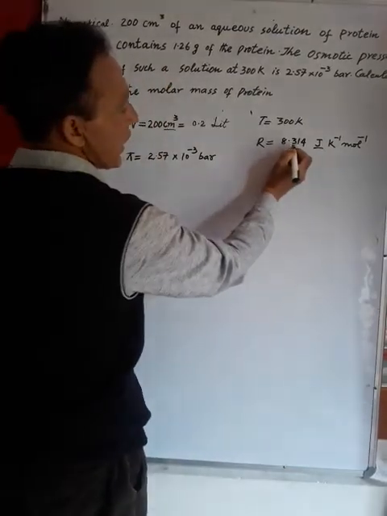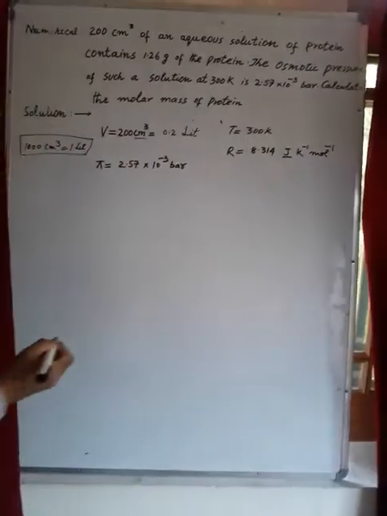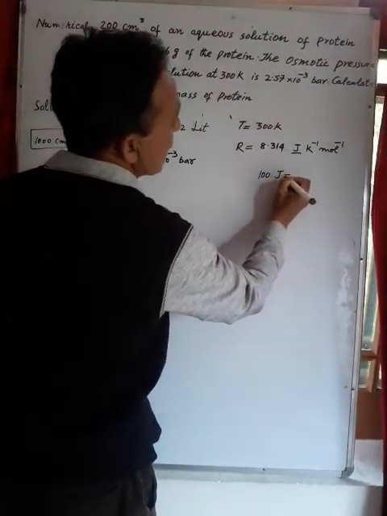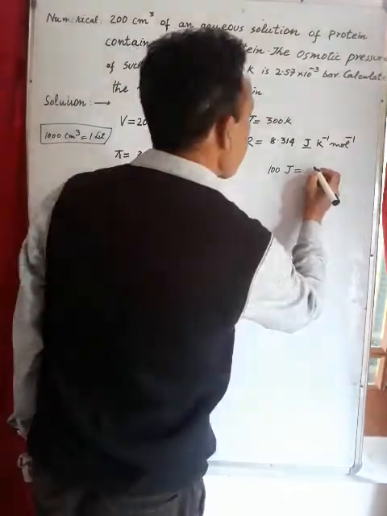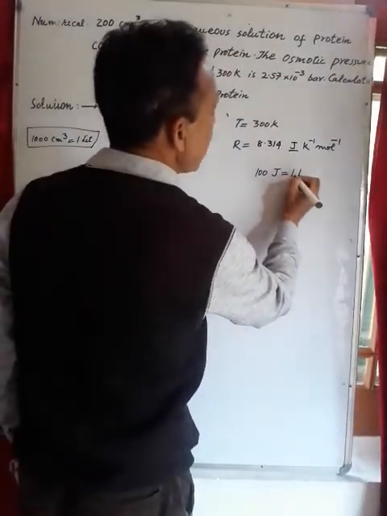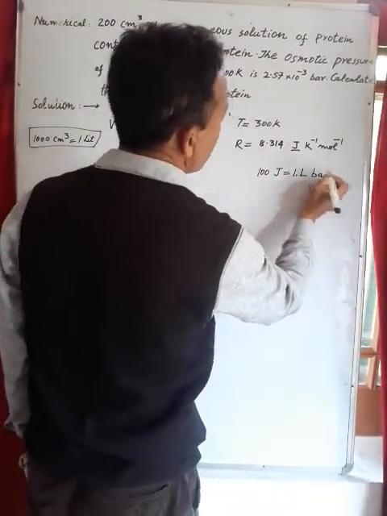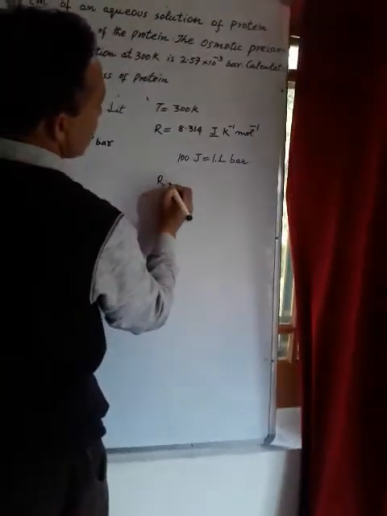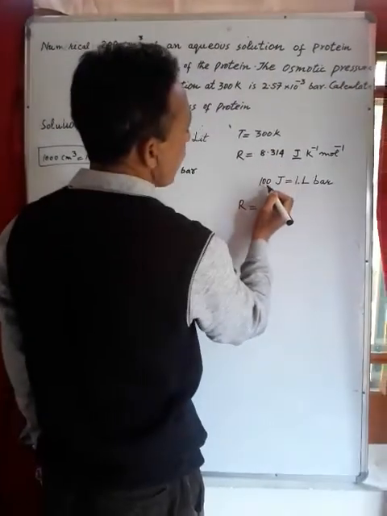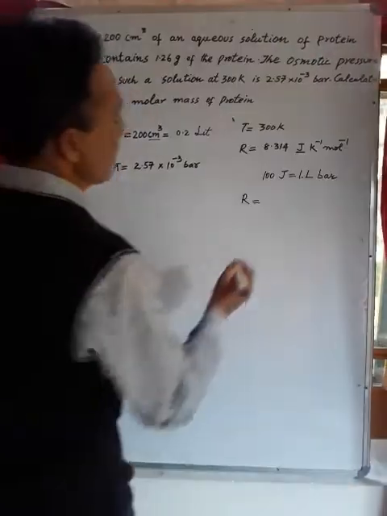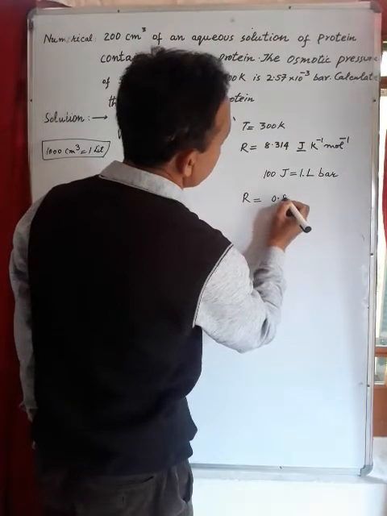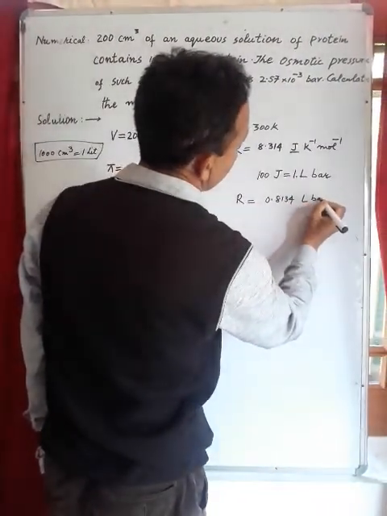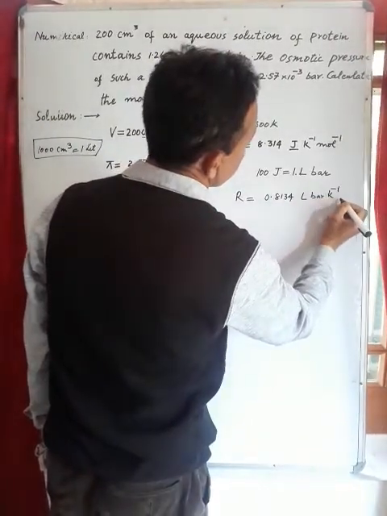Again, we have R is equal to 8.314 joules. We know 100 joules is equal to 1 liter bar. So instead of joule we will write liter bar. So R is equal to, इसको 100 से डिवाइड करेंगे, that will be equal to 0.08314 liter bar per Kelvin per mole.